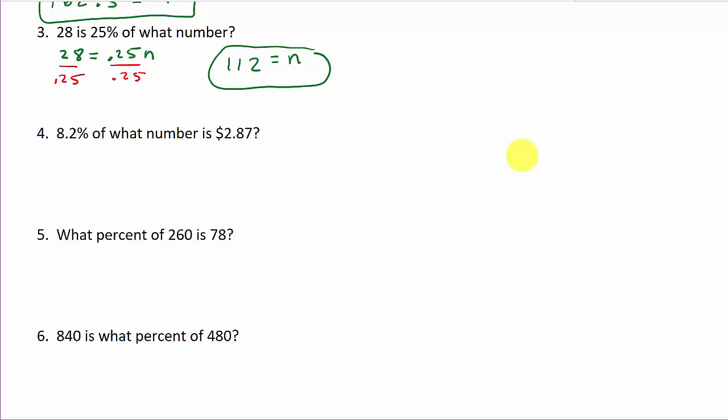All right. So let's look at this one. 8.2% of what number? So let's see, 8.2%. So I got to move the decimal 2 places to the left to get the percentage in decimal form. So there's the 8.2%, which is 0.082 of what number? So times what number? So times n is $2.87.